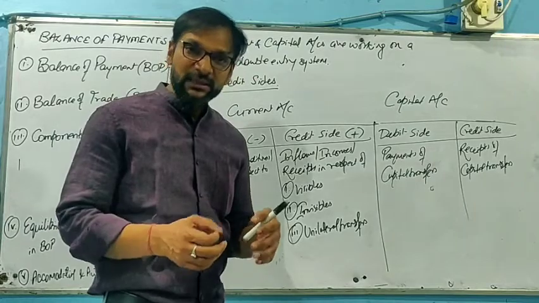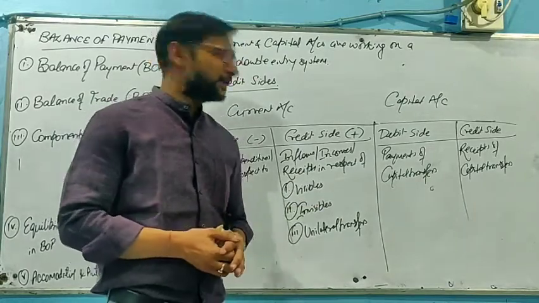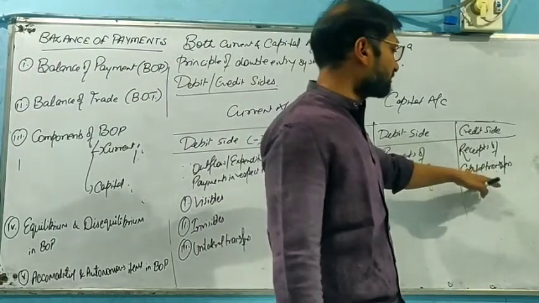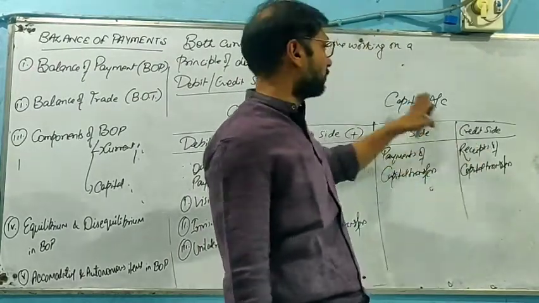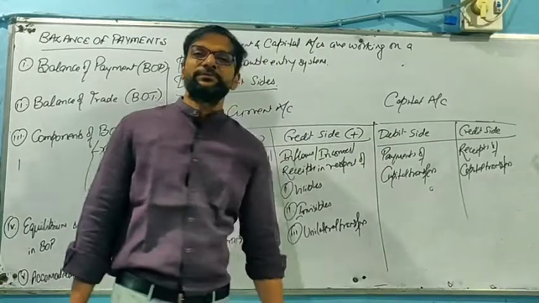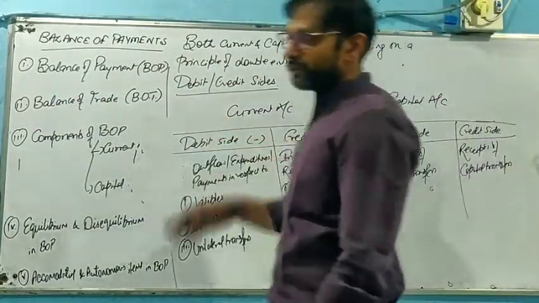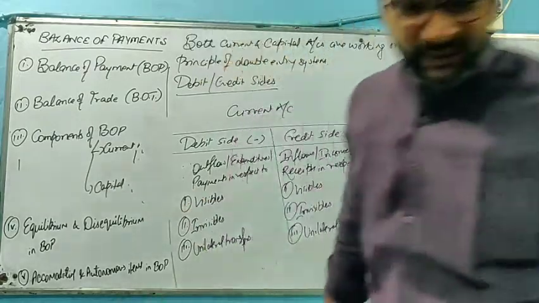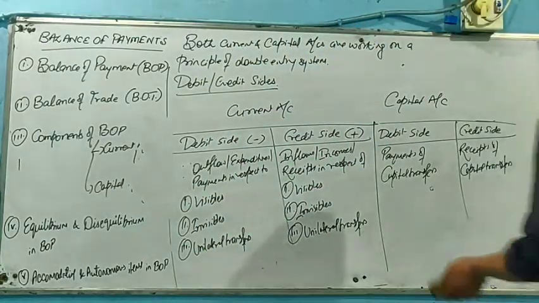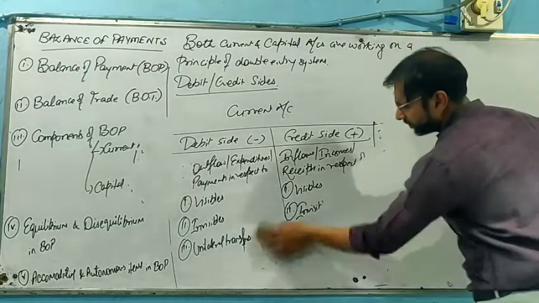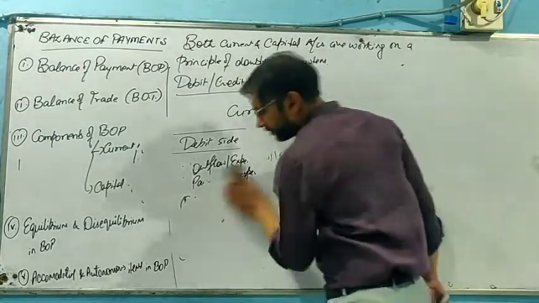So we can say these are such examples that can lead us that all such receipts or incomings will be recorded on the credit side of capital account. Fine. So we have seen the two components of BOP, that is current account and capital account. Now we are coming to the equilibrium and disequilibrium in the balance of payment.